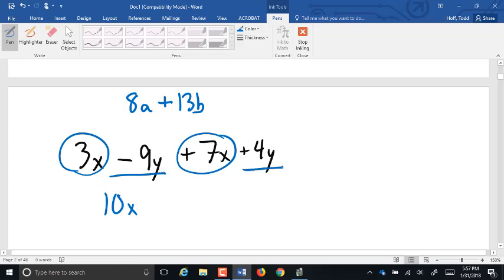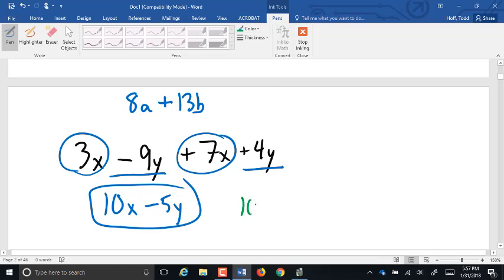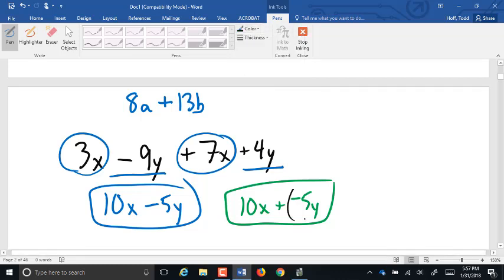Negative 9y and positive 4y is a negative 5y. So that negative becomes a minus in front of the 5y. That is it right there. It would be perfectly acceptable to write it as 10x plus a negative 5y. Those two mean exactly the same thing. Remember, subtracting and plus a negative are the same thing. You could put parentheses around that.